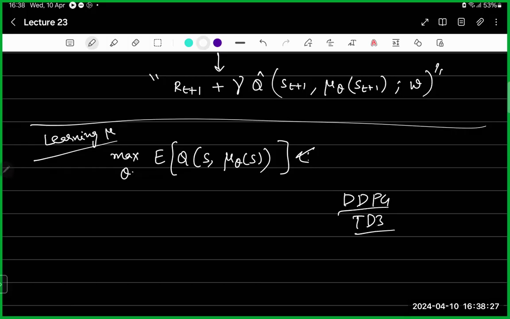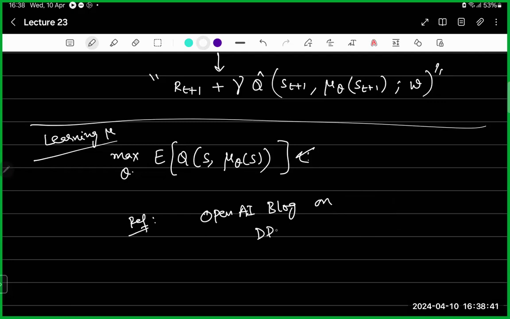Both these things are described in detail. So you can look at the OpenAI blog. So this is a reference. So this is about DDPG. Although there might be some missing parts, at a high level, do you understand what DDPG is?